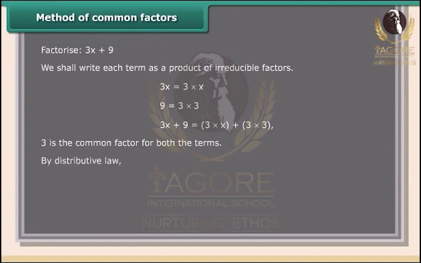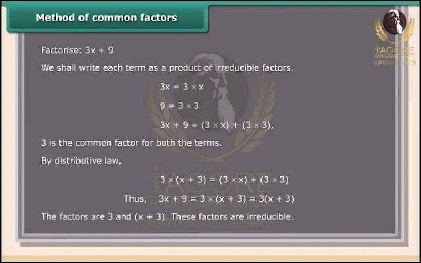By distributive law, 3 into x plus 3 is equal to 3 into x plus 3 into 3. Thus, 3x plus 9 is equal to 3 into x plus 3. The factors are 3 and x plus 3. These factors are irreducible.